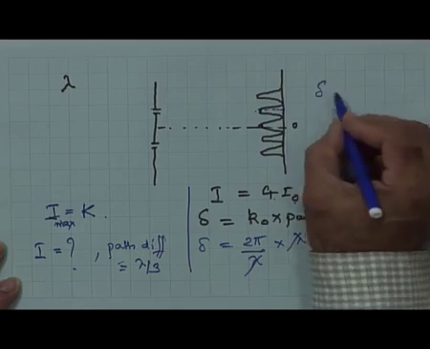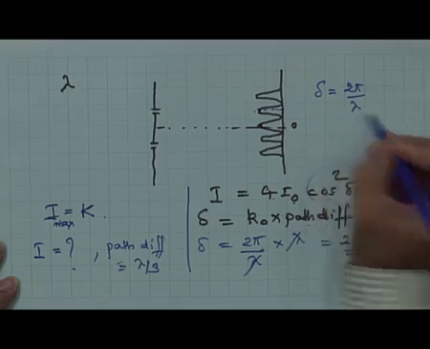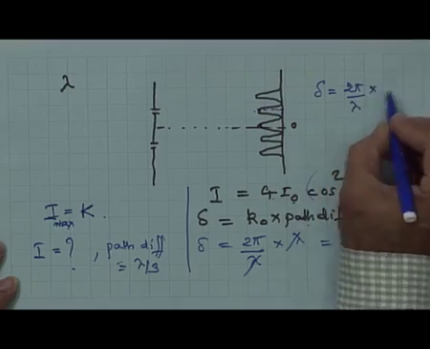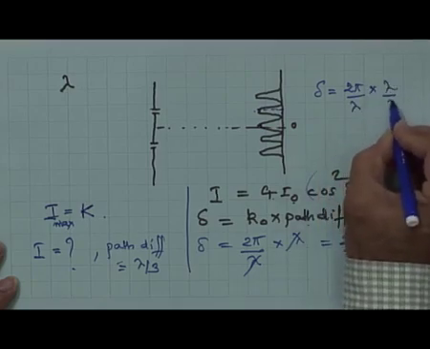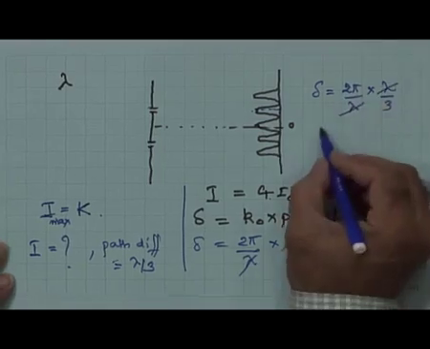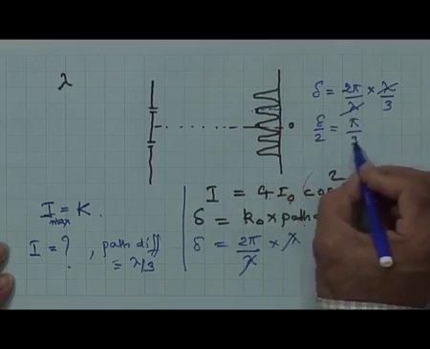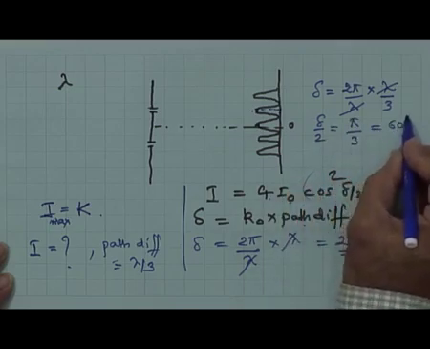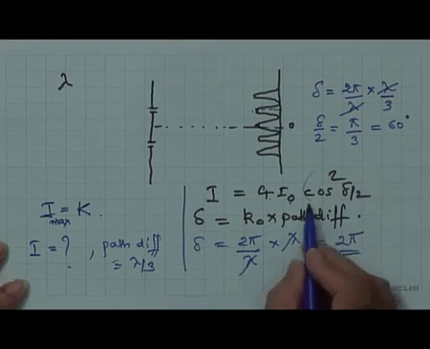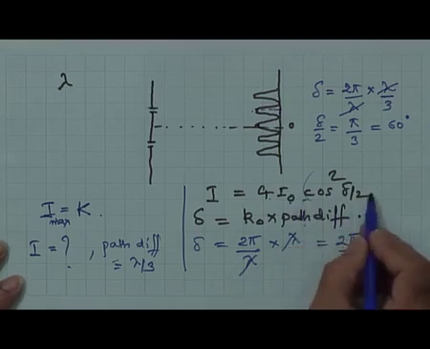So delta is equal to k 0, that is 2 pi by lambda, into the path difference which is lambda by 3. So we have 2 pi by 3, and delta by 2 is equal to pi by 3, that is 60 degrees. Therefore cos delta by 2 is half, and cos square delta by 2 is 1/4.